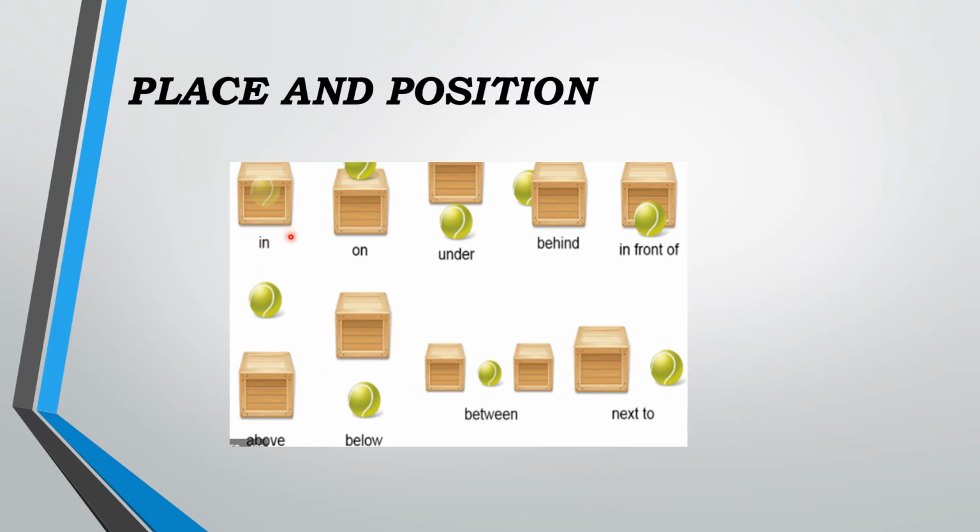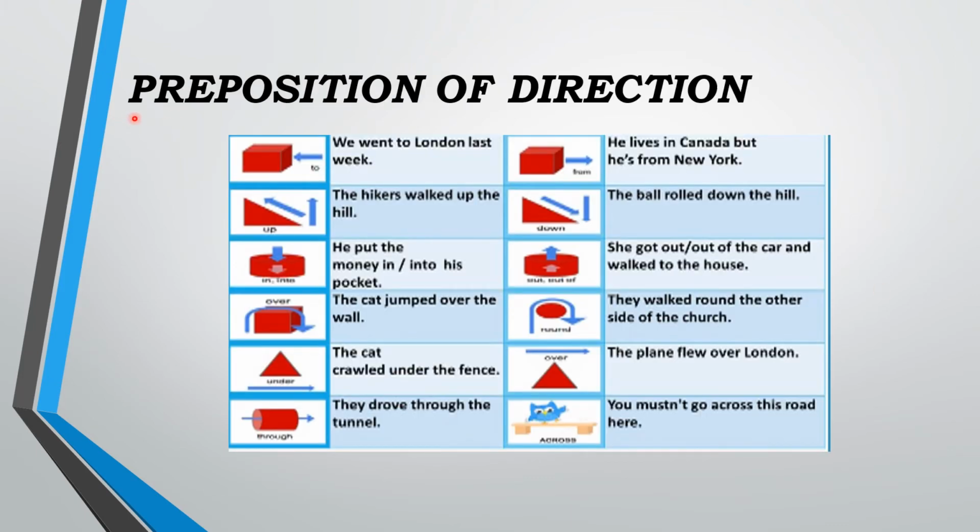The ball is in the box, on the box, under the box, behind the box, in front of the box, above the box, below the box, between two boxes, and next to the box. So here we learned about the positions of the particular object, right?